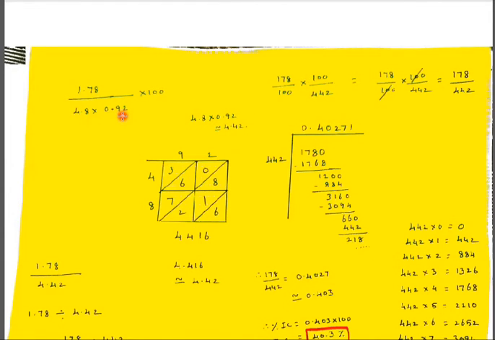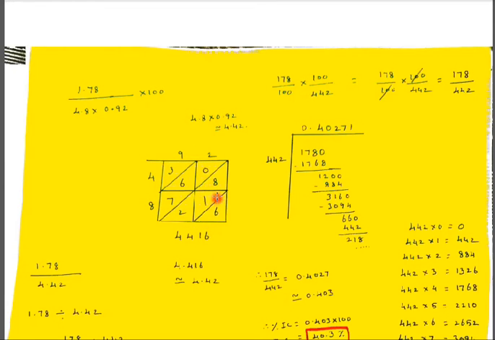First we make the decimals into whole numbers. 178 has 2 decimals, so we write 178 by 100. Then multiply 4.8 into 0.92 the simple way, 92 and 48, using the trick I already showed. 4 into 9 is 36, 4 into 2 is 8; 8 nines are 72, 8 twos are 16.